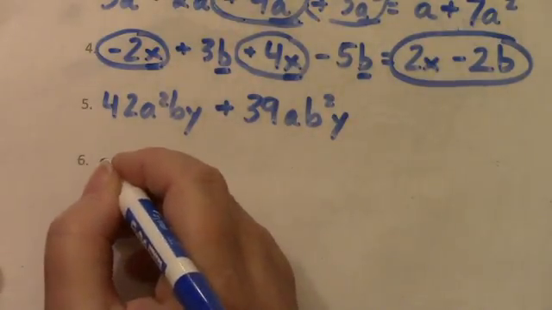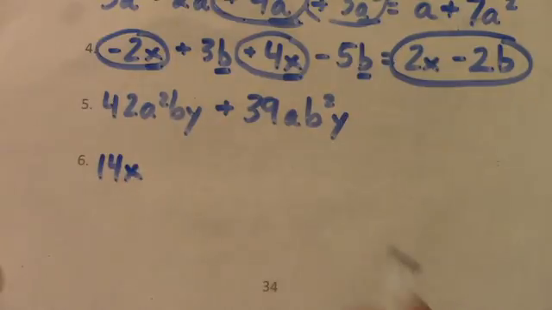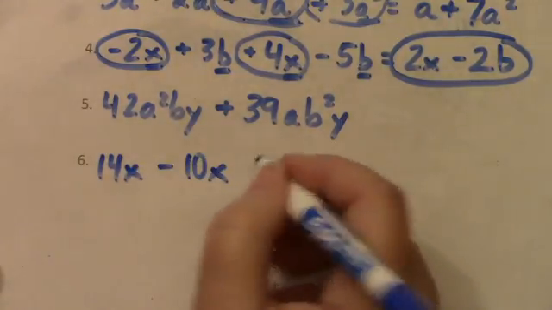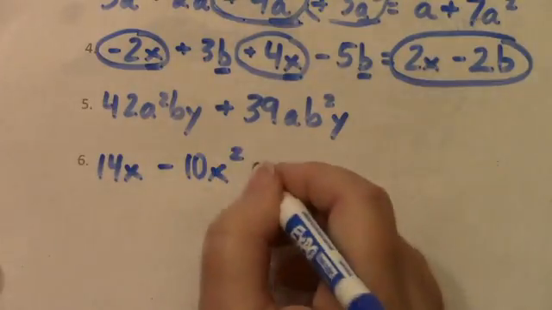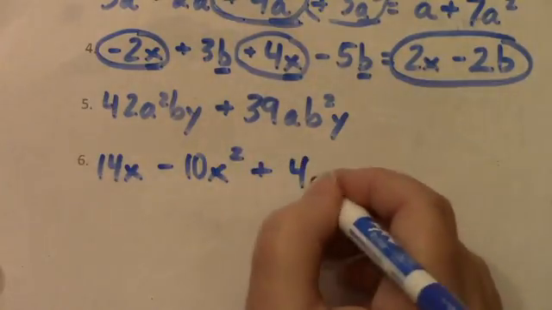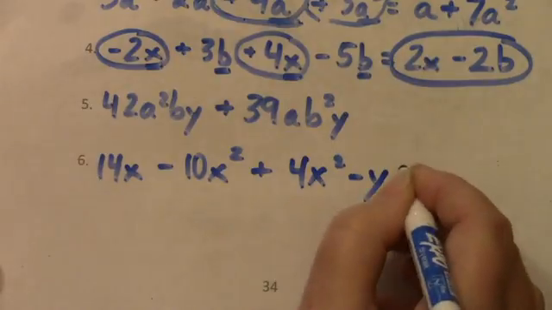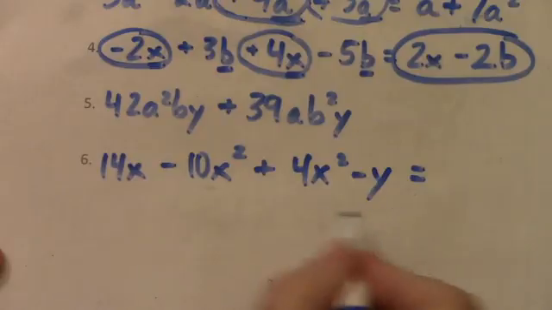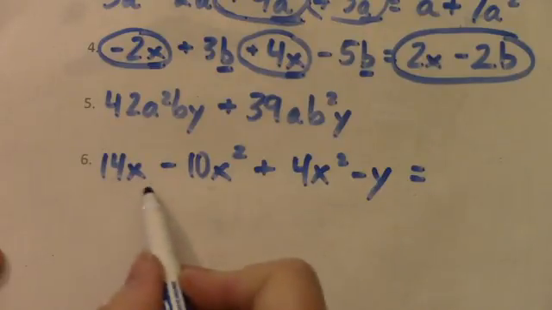And how about 14x minus 10x squared plus 4x squared minus y. Well, what's that going to equal? Well, I might have run out of a little bit of room. I'm going to write it underneath here. What can I combine? x is all by itself.